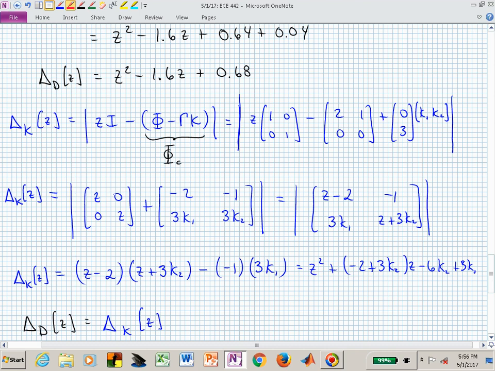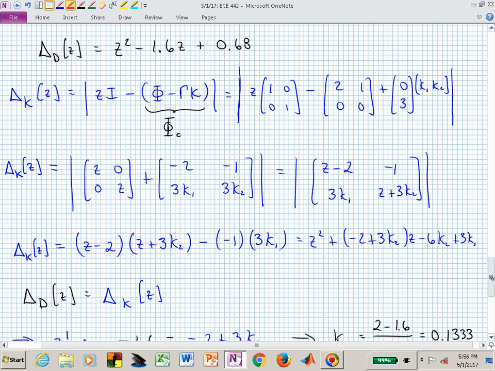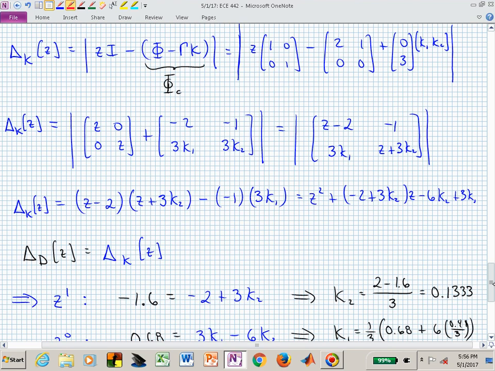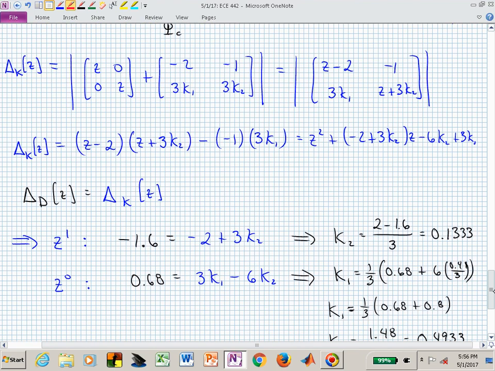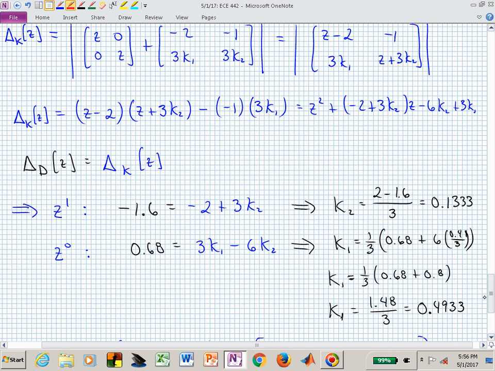And then we compare coefficients in those two polynomials. That's what we're doing when we equate delta sub d of z with delta sub k of z. In general, that will give you, in this case, two equations and two unknowns, because we have K1 and K2. If it was a 4x4, we would have four equations and four unknowns.